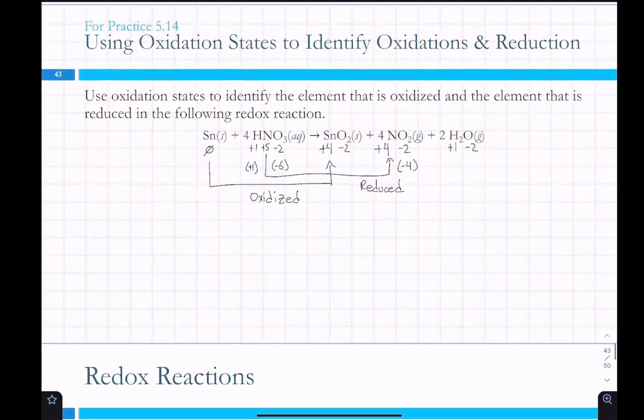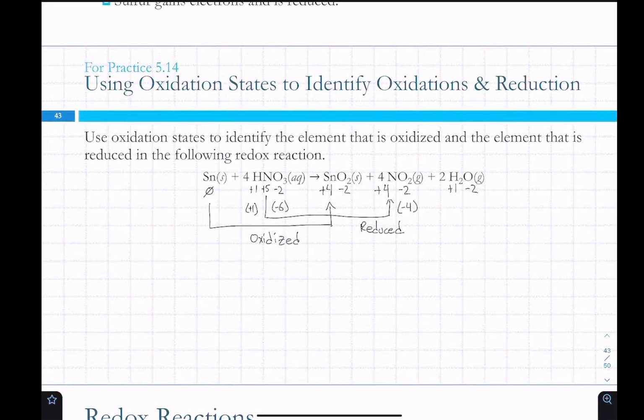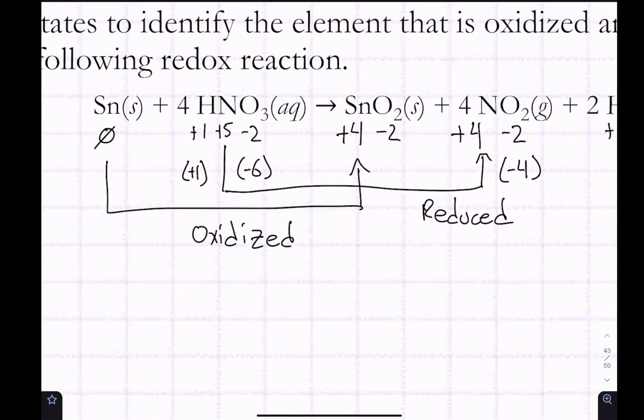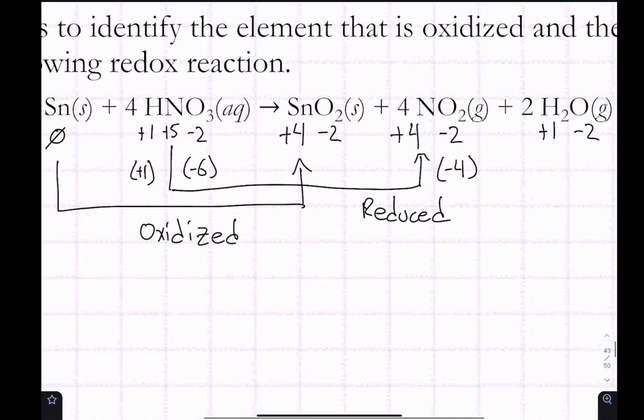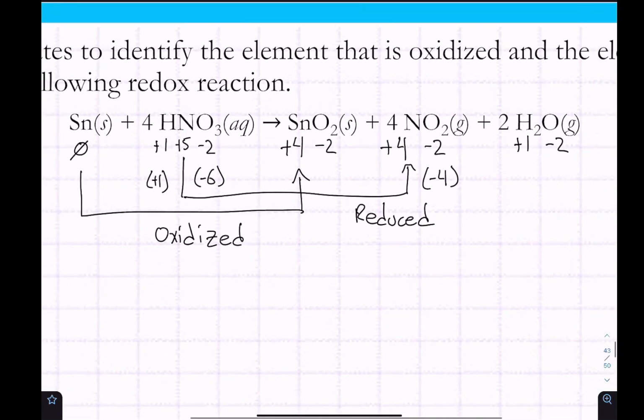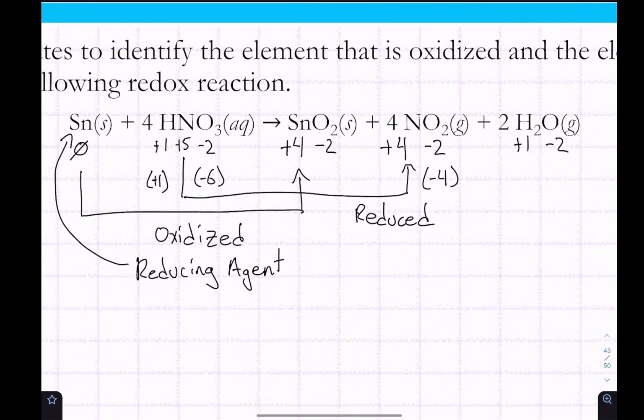So if we actually go back to this problem, the tin is being oxidized. And that means it's the reducing agent. And more specifically, the reducing agent is that elemental tin in the reactants.